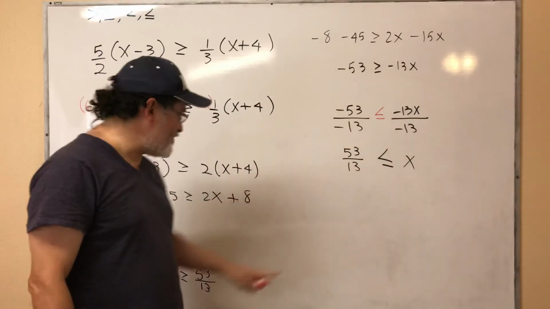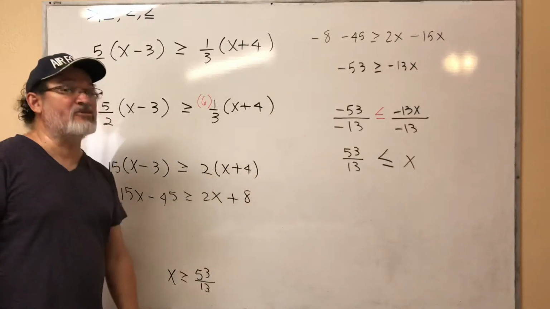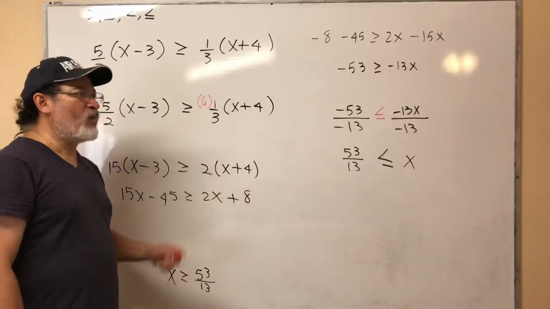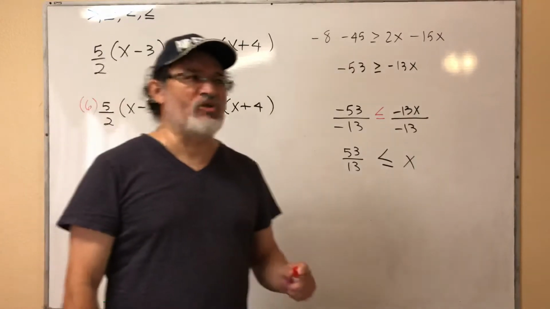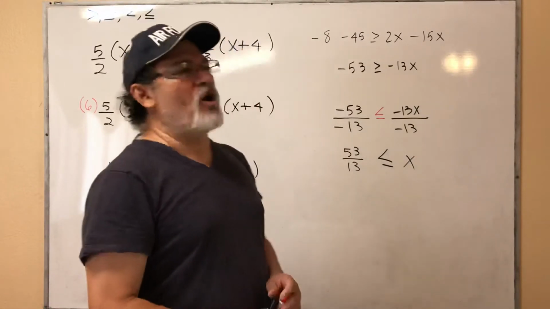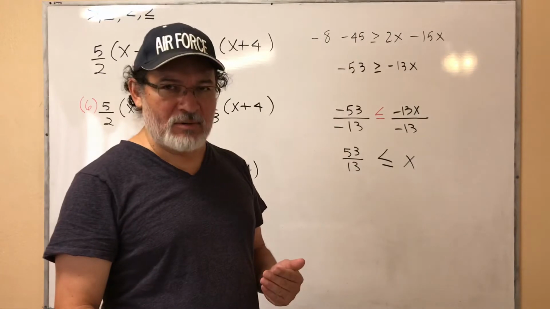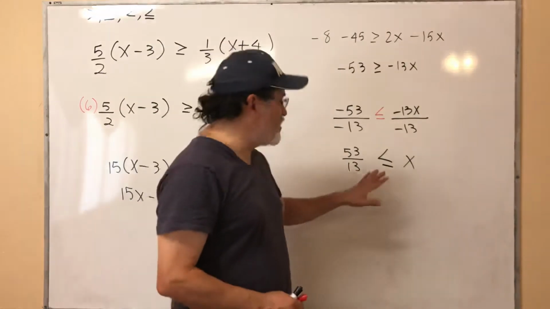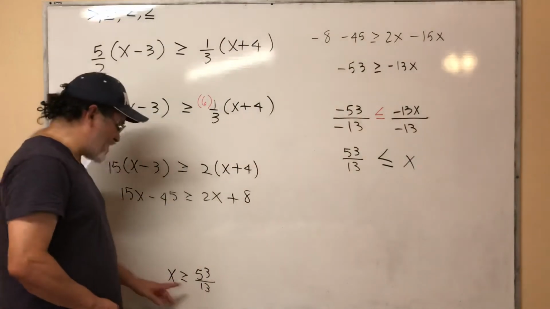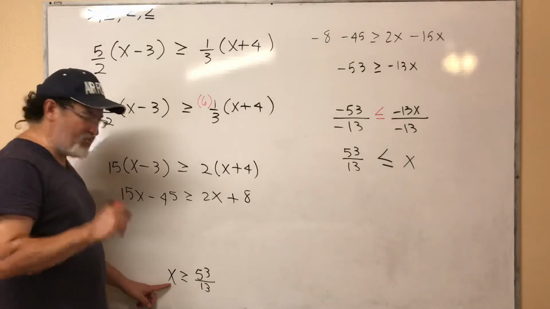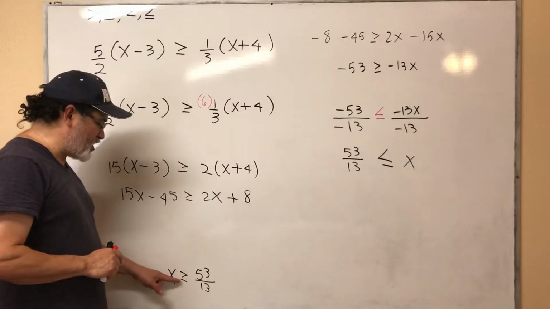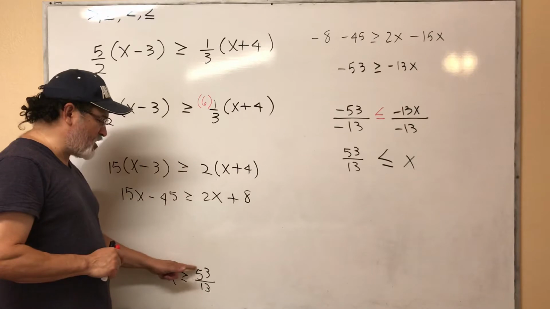Is that the same as this? The answer is yes. When you read the answer to an inequality, you always start with the variable. So if you read it from here, you say x, you start with the variable, is greater than or equal to 53 over 13.